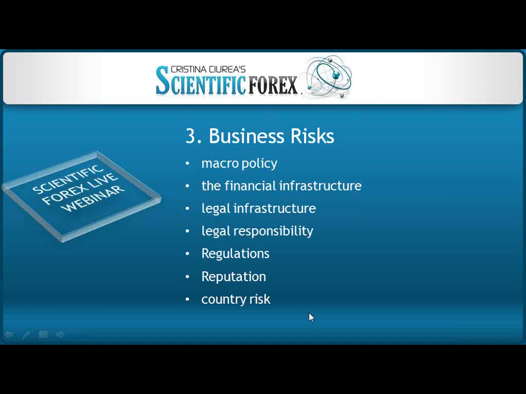Probably you remember how nervous was the market when United States was downgraded, when United States lost the AAA rating.